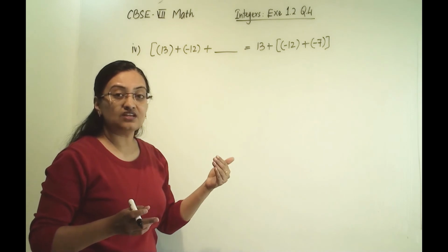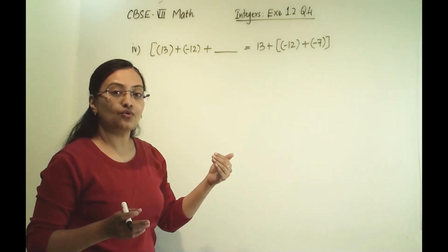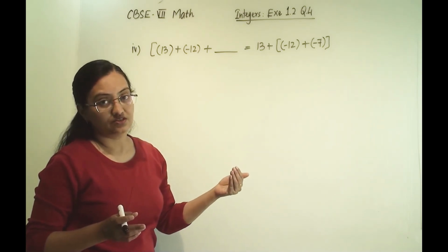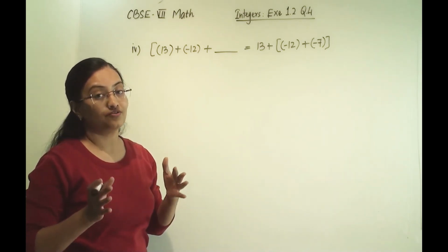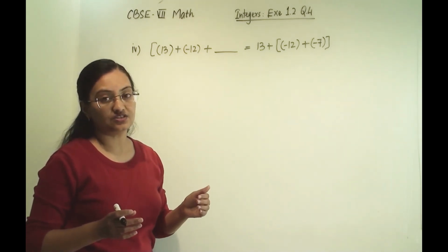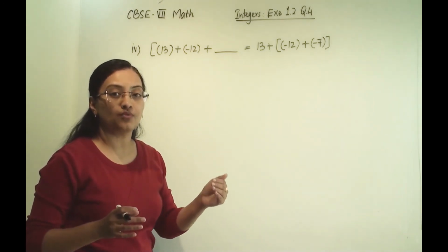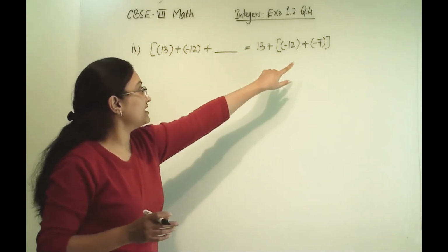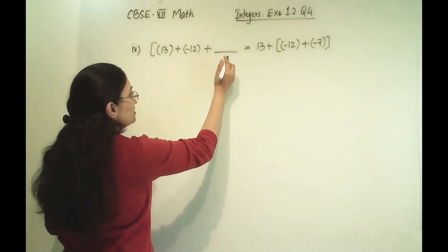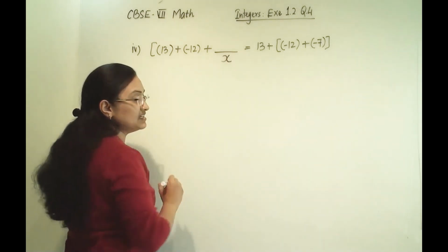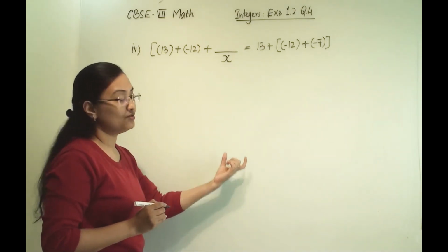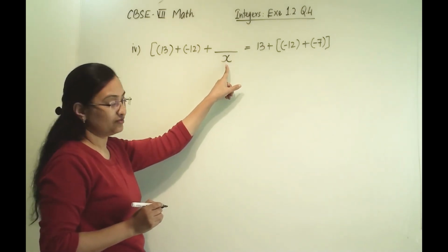So negative integers do not follow the distributive or associative properties of integers. It does not hold true for negative integers, it holds true only for positive integers. So we cannot write minus 7 directly here. What we can do is call the answer we are guessing x, then we will solve this equation and at the end we will get the value of x.